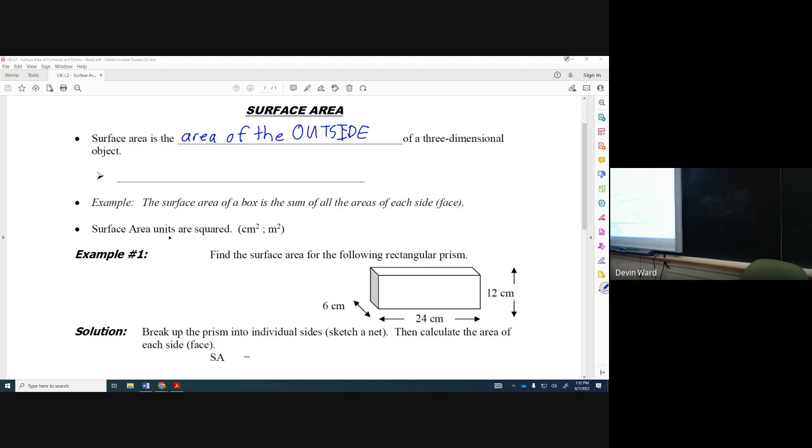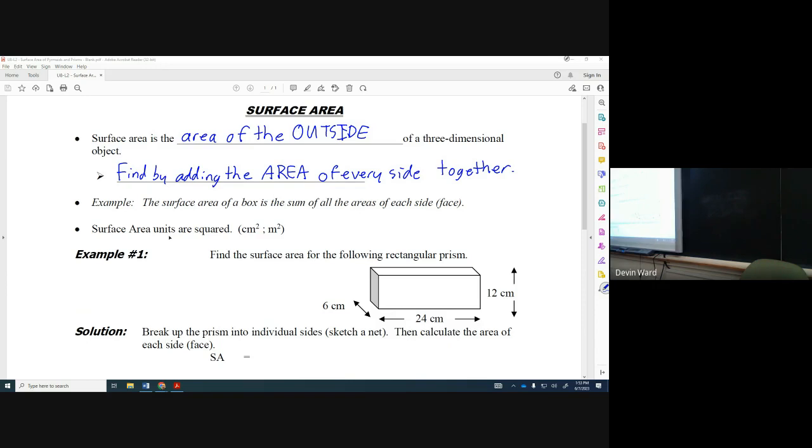So to find surface area, we add the area of every side together. Okay?